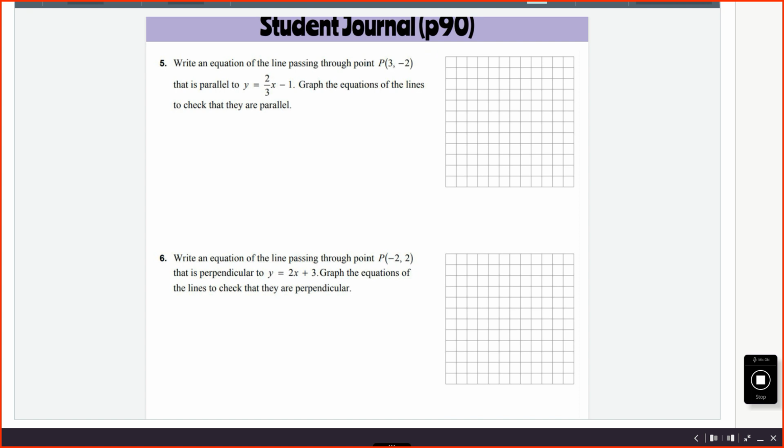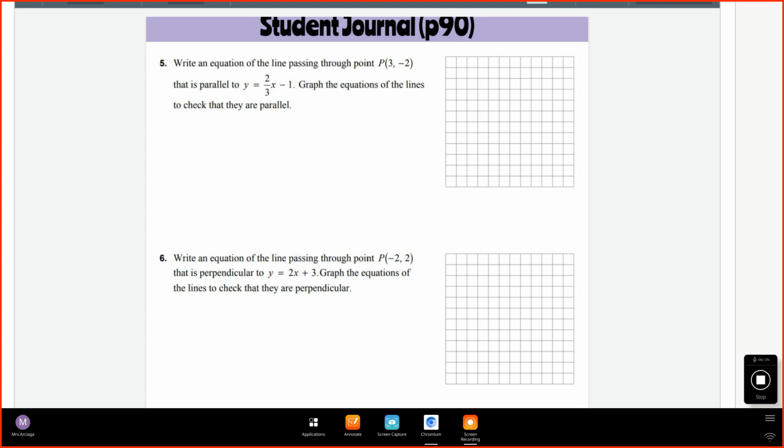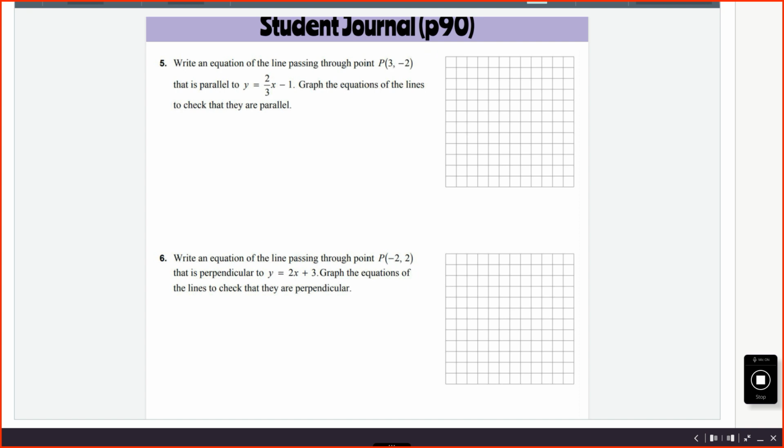Write an equation of the line passing through point 3, -2. Do you remember something like this in Algebra 1 last year? Writing equation? Okay, let's slow down a little bit. Let's start with what we know. First, let's make a graph.